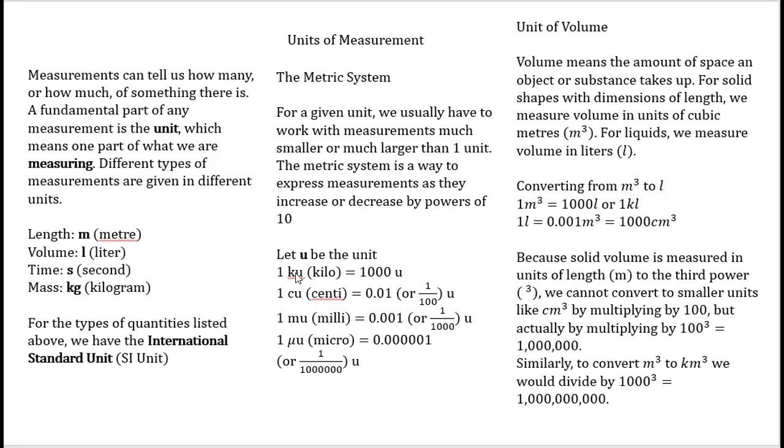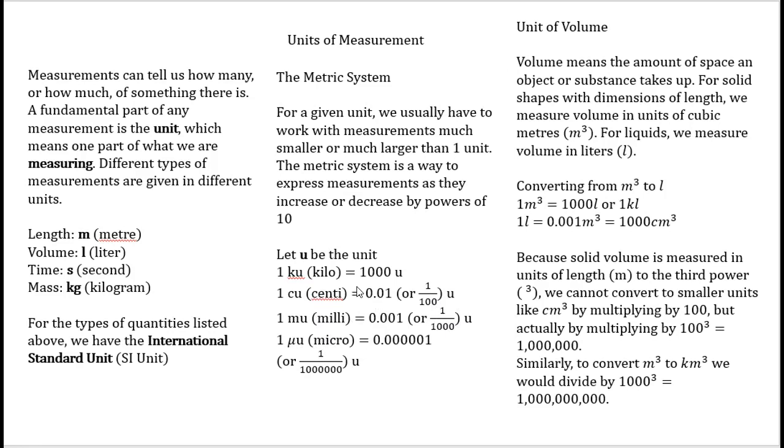So 1 kilo unit is 1,000 units. 1 centi unit will be 0.01 unit, or 1 divided by 100 units. 1 milli unit is equal to 0.001, or 1 divided by 1,000 units. And 1 micro unit, the Greek letter mu is used to represent micro, is 1 over a million units, right?